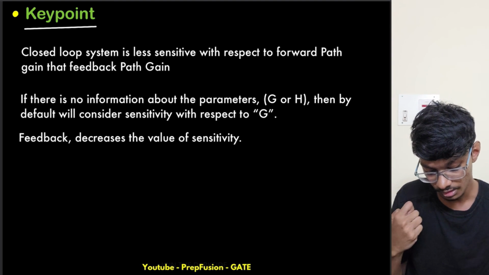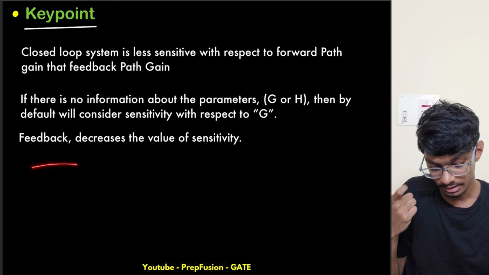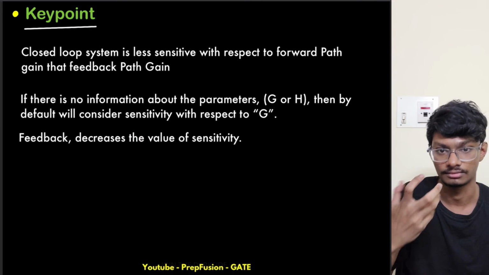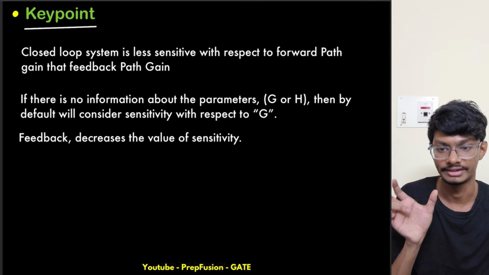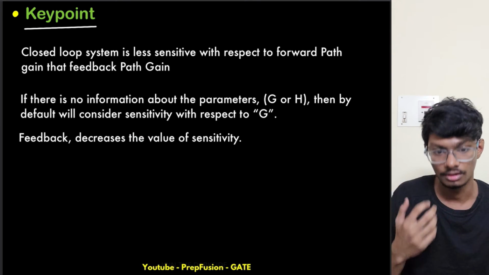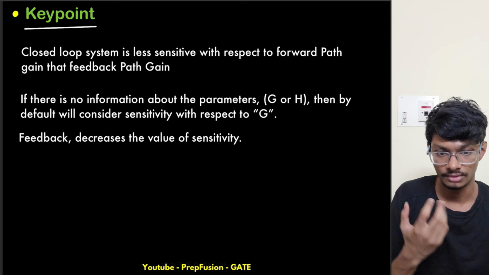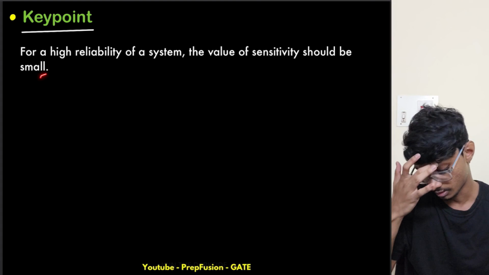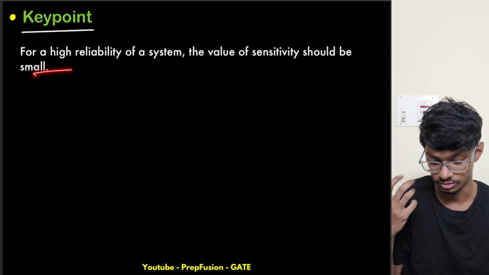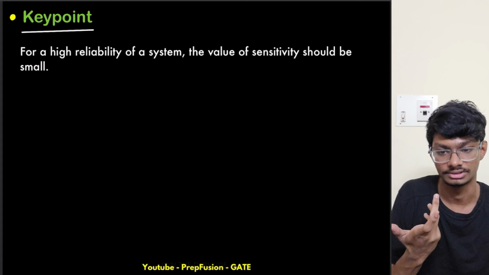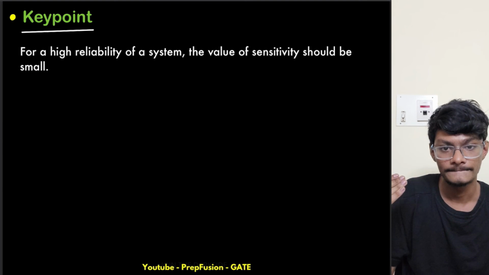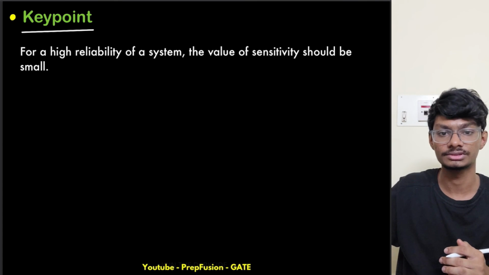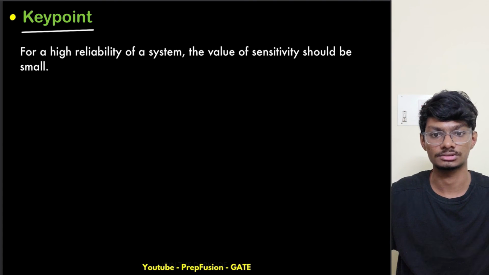So feedback decreases the value of sensitivity. This is the advantage of feedback, as I already explained. For a highly reliable system, the value of sensitivity should be small. If sensitivity is high, then our output will change and it won't be reliable. If there is some disturbance in the system and the output also changes, then it is not reliable.